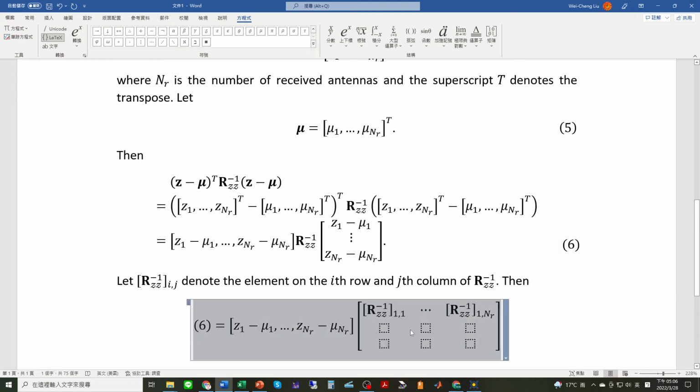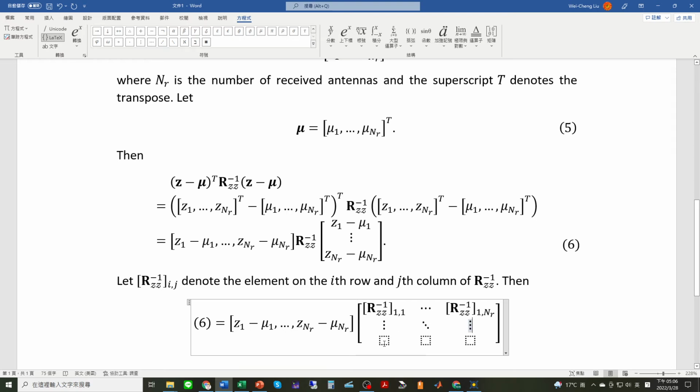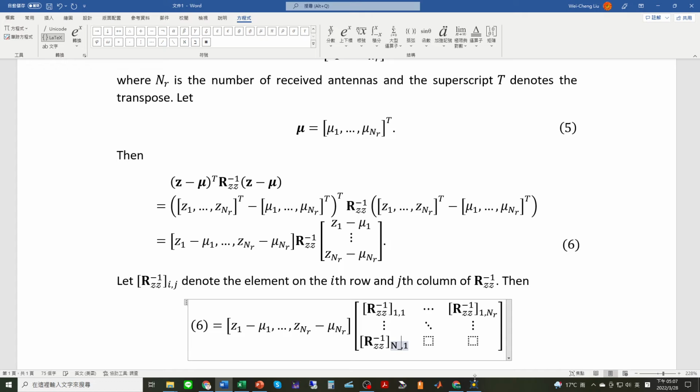Okay, like this. And this is the vertical dots. Okay, vertical dots, and this is the diagonal dots, and this is the vertical dots again. And this is the RZZ inverse NR1.